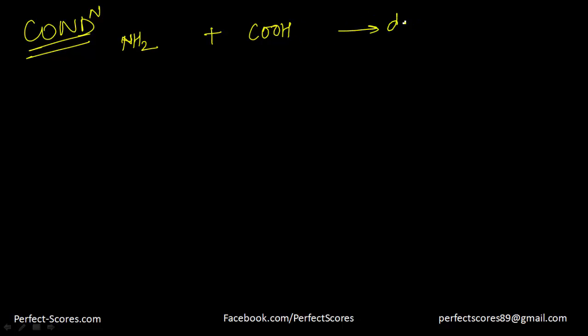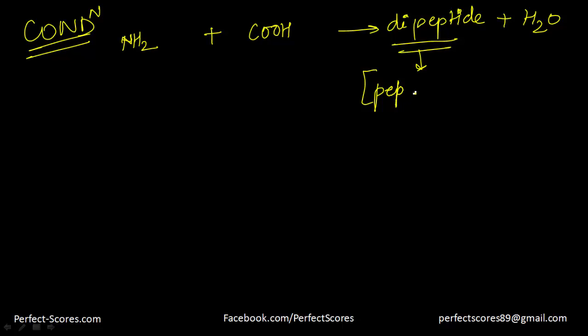This reaction forms a dipeptide and a molecule of water. This dipeptide is held together with a peptide bond. And multiple amino acids can be joined to form a polypeptide chain.